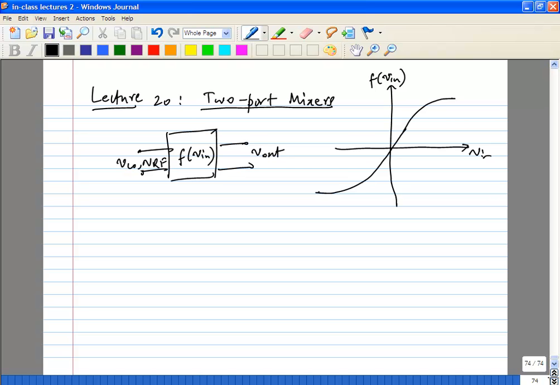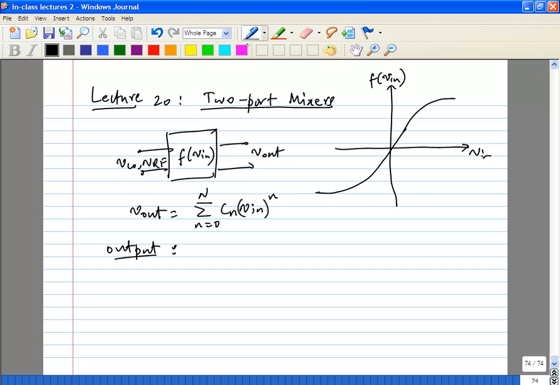So let's just try to analyze it quickly in terms of a general transfer function. What will your output have?